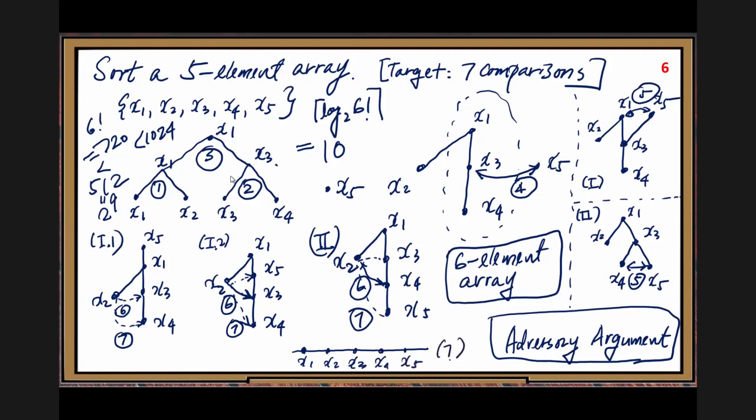We just did it. Sort 5 elements with 7 comparisons. Then x6 needs 3 more: 1, 2, 3. It's optimal, right? Think about that.